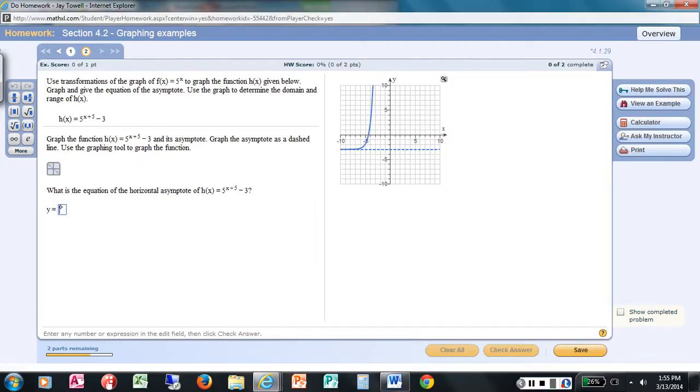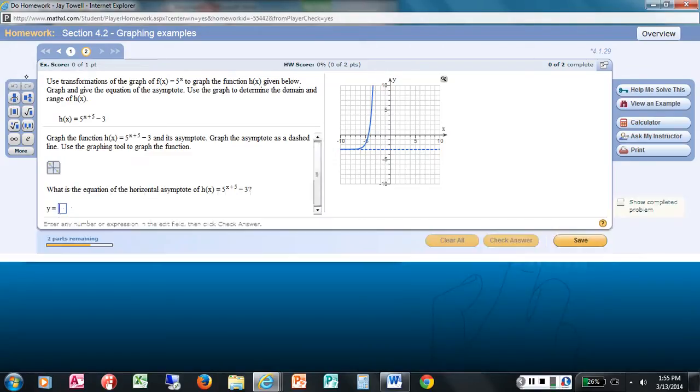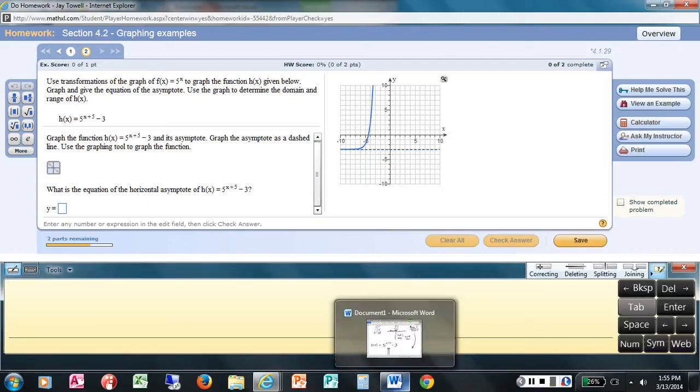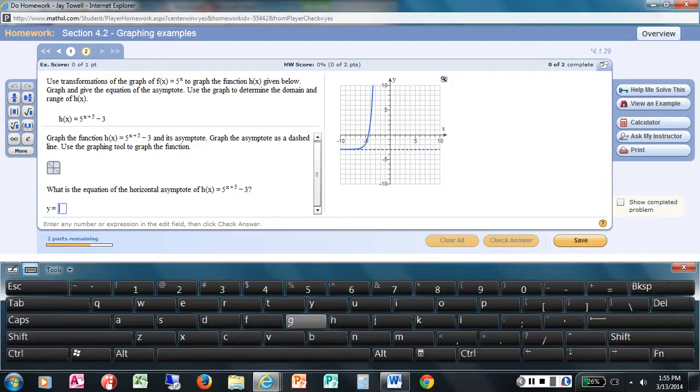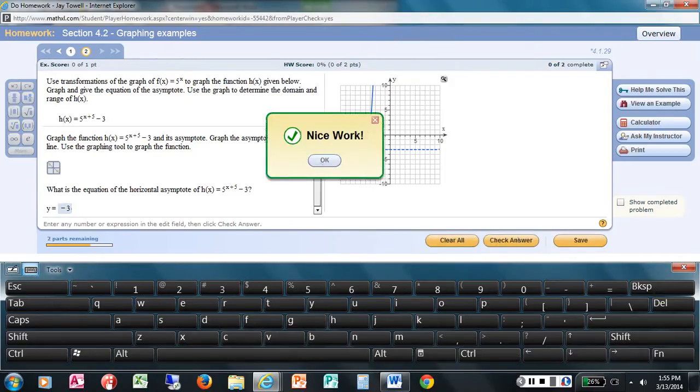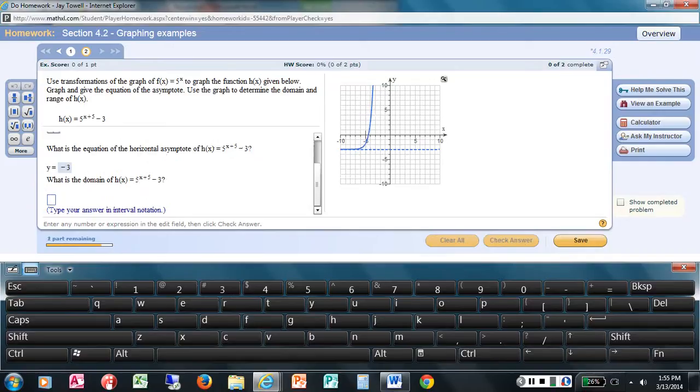Well, that would be negative 3. Get where I can type in here. Okay, check my answer. Okay. And then it wants the domain, the x values.